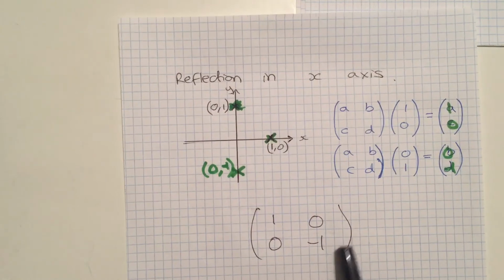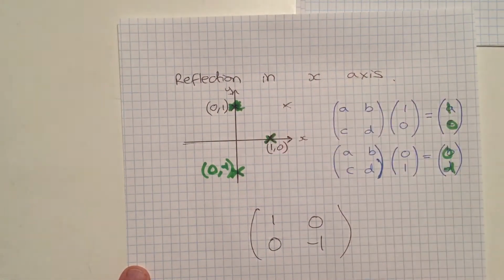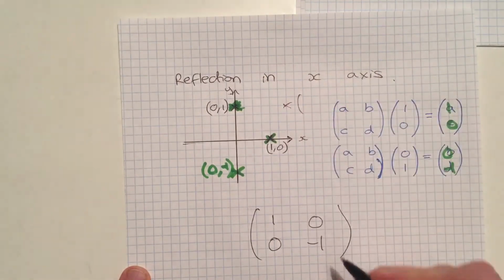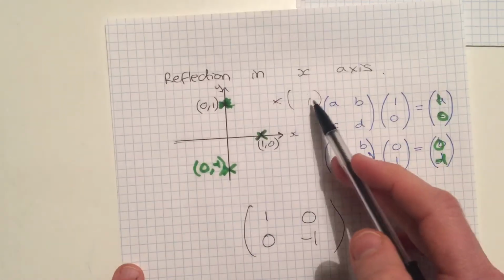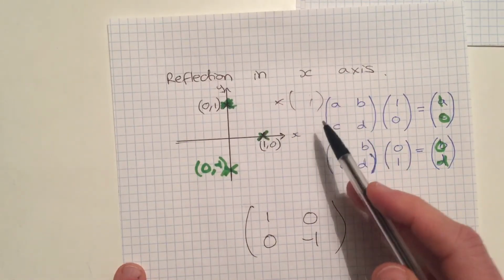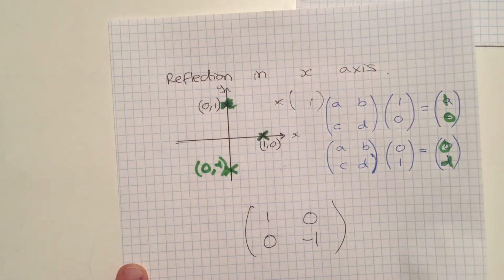There we go. So this is the matrix that represents a reflection in the x-axis. So for example, if I wanted to reflect this coordinate here, all I would do is work out its coordinates and then multiply this matrix by the column vector representing that coordinate, and that will give me the new image coordinate.